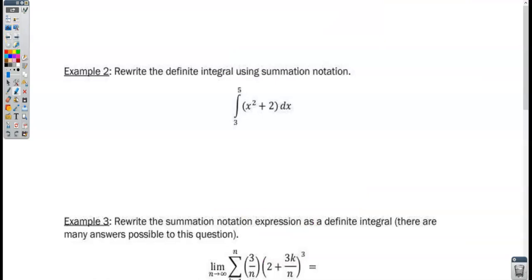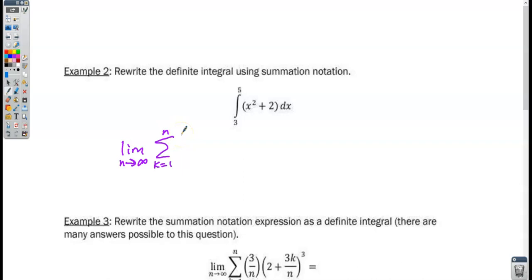All right, example 2 from this lesson. We are going to rewrite this definite integral using summation notation: the integral from 3 to 5 of x squared plus 2 dx. So we want to turn this into summation notation. This is going to be the limit as n goes to infinity of the sum from k equals 1 to n.